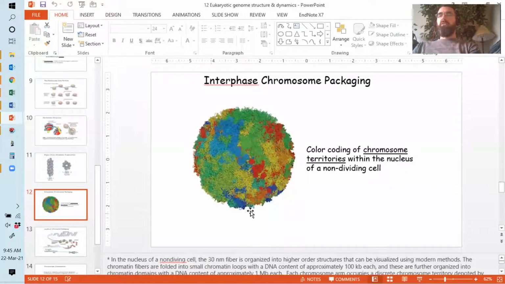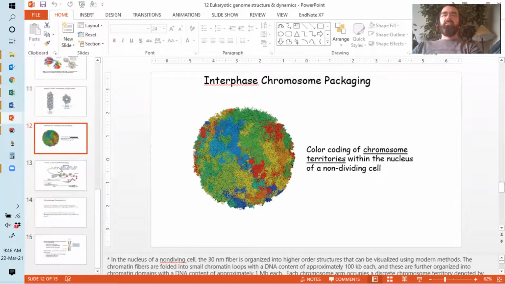And if you were to look at it as a color coding map, you'll see that it looks kind of like this, where each individual chromosome, responding to different colors, has its own different territory within the nucleus, which is just crazy, right? The degree of how well we understand stuff now is just getting nuts.